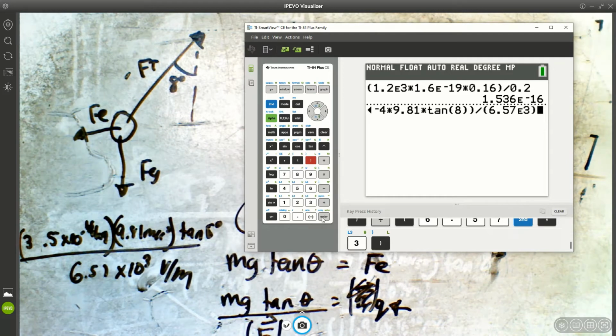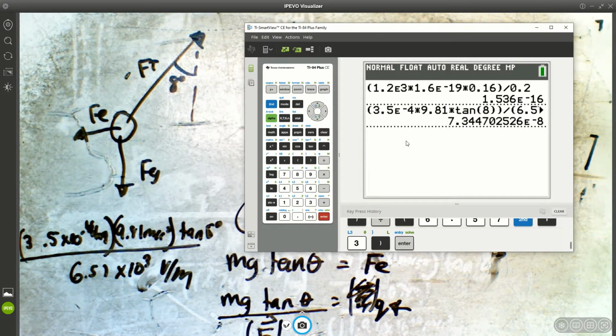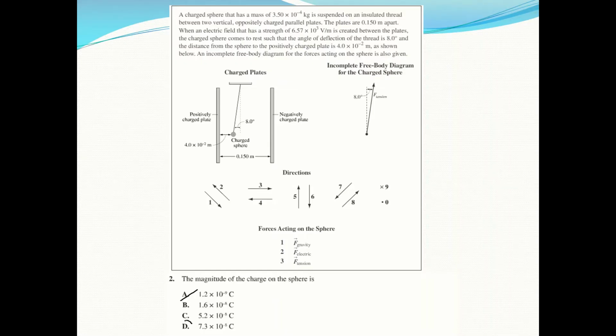Nothing squared or anything like that. And we get 7.3 times 10 to the negative 8, which is this guy right here. So D is the correct answer.